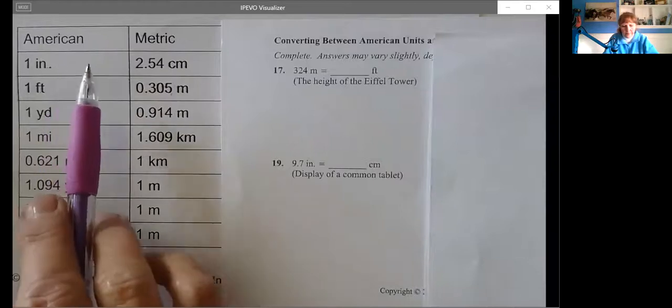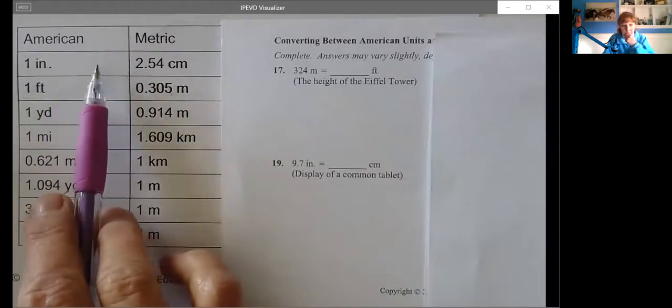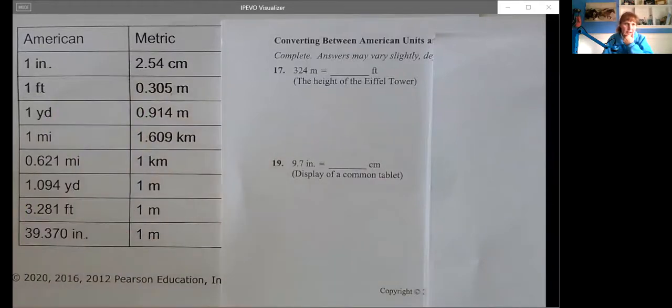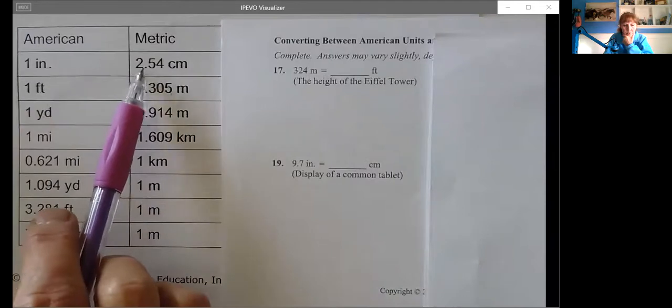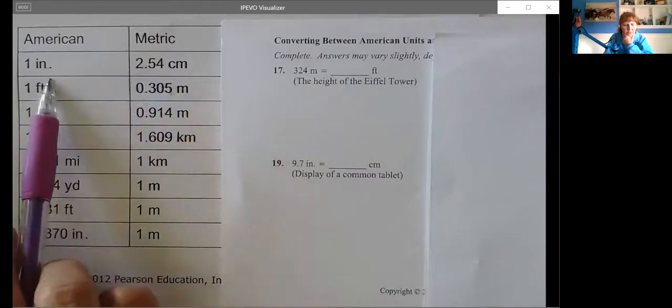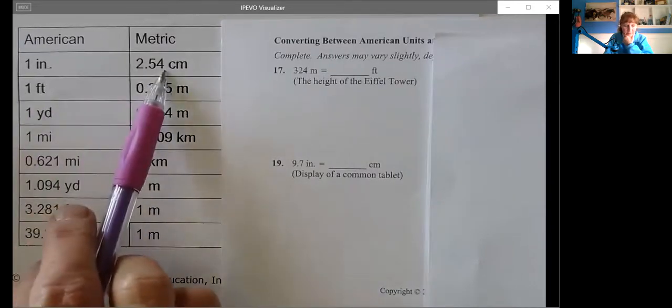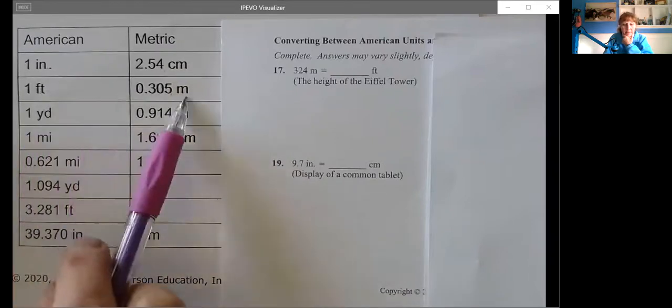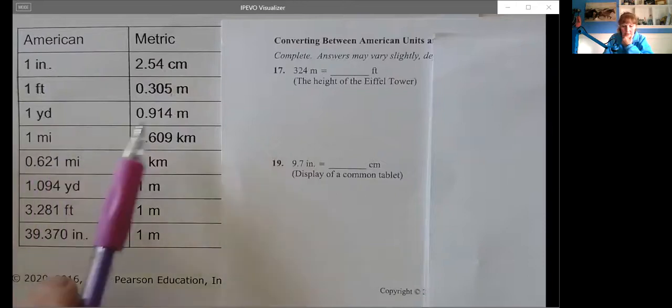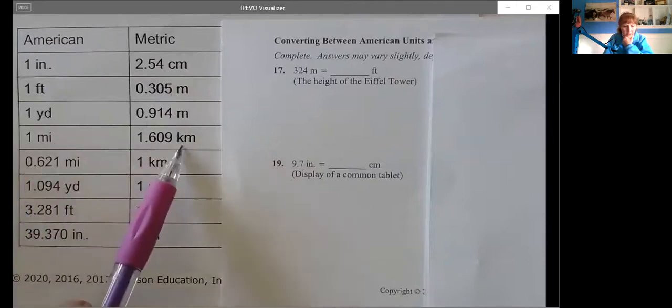Now this right here, I put in your on Canvas so that you can run this off just so that you have it for your tests. Now we've got 1 inch is equal to 2.54 centimeters. So an inch is a little bit larger. It takes more centimeters to make an inch. Here's the conversion between feet and meters, yards and meters, a mile and a kilometer.